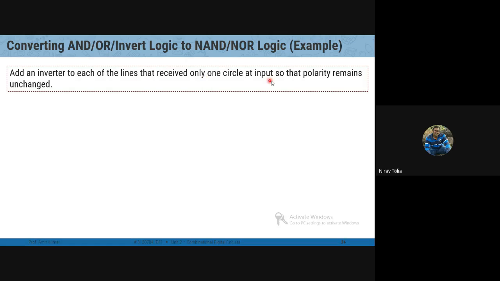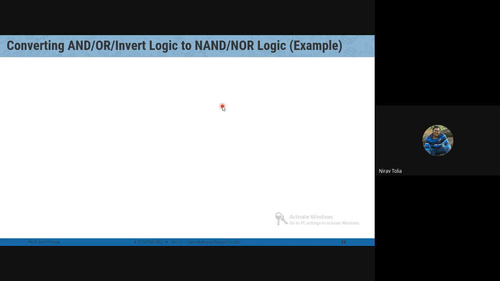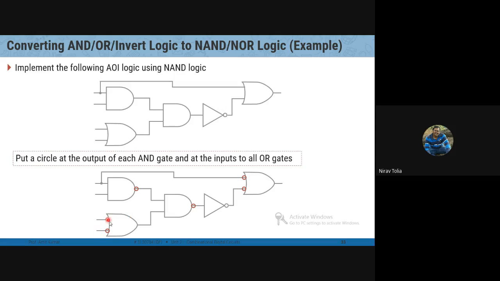What that means, you can see here. Now this line only gets one circle, so we have to add a NOT gate inverter here. We have to add an inverter here also. This line also has only one bubble, so we have to add an inverter here.